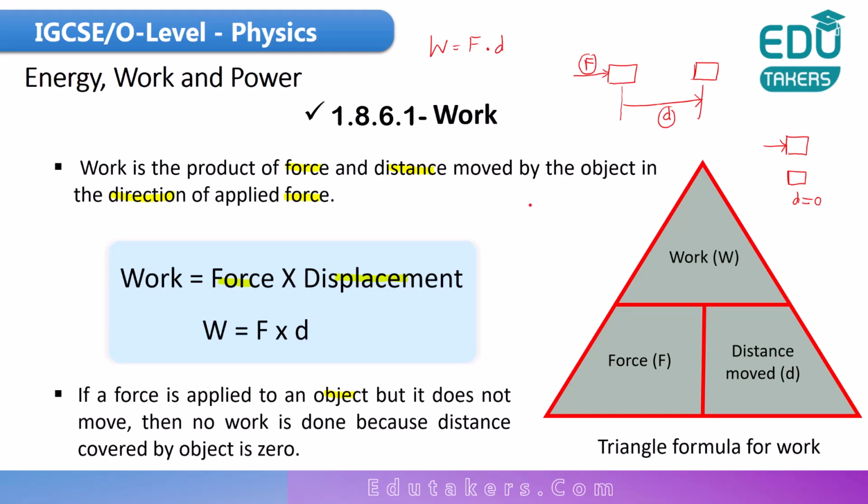So I can simply say that work done W is equal to F times 0. The work done is also equal to 0 because the object is not moving. So the major point here is that if you apply the force on the object but the object does not move, in this case the work done is 0 because the distance covered by the object is 0.